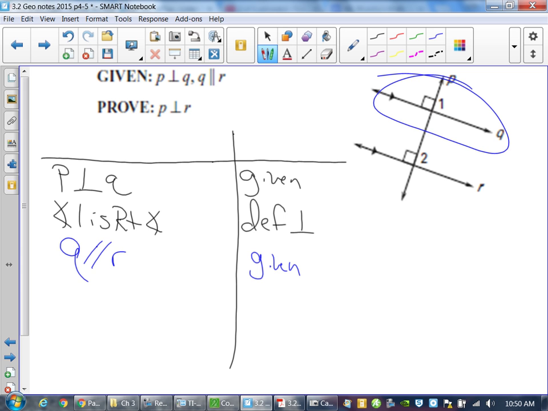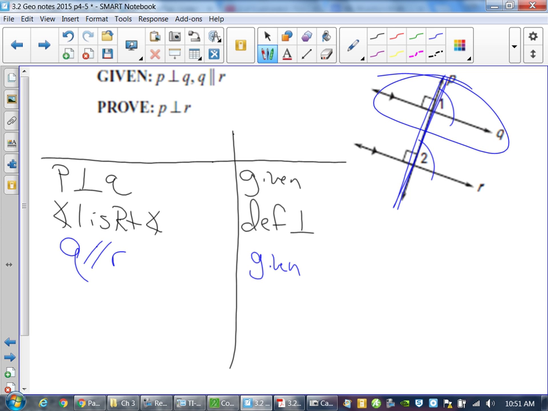Whenever I'm given parallel, think about what we just did with our progression. If two parallel lines are cut by a transversal, you had 4 different angle pair relationships that occurred. What's the angle pair relationship now between angle 1 and angle 2? They're corresponding.